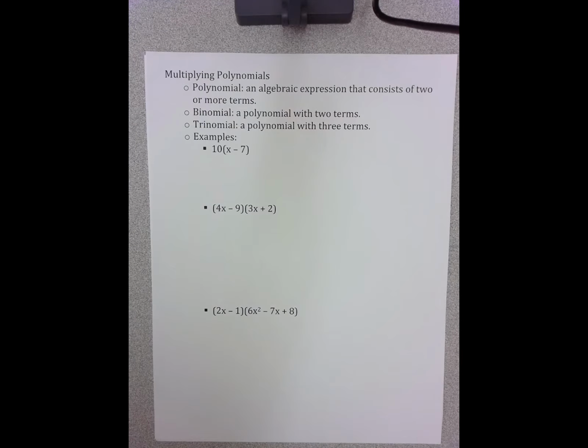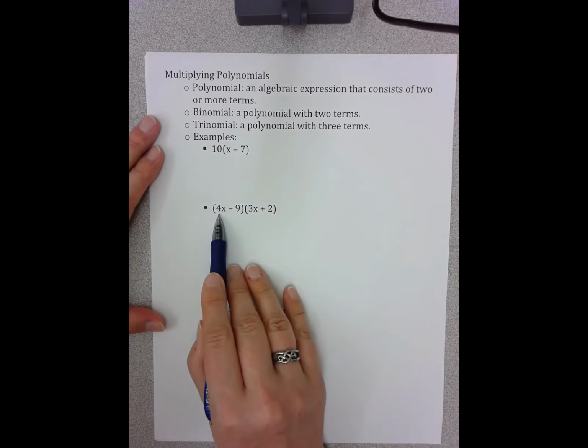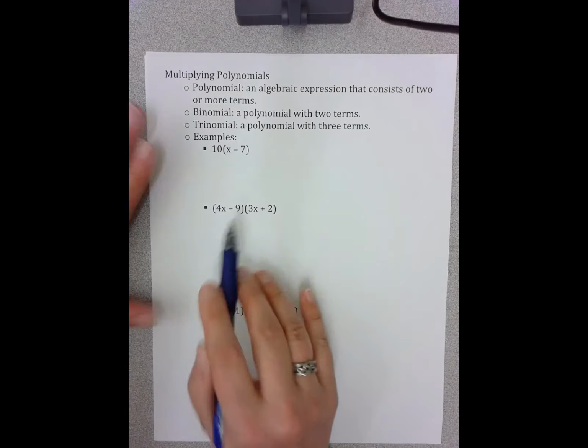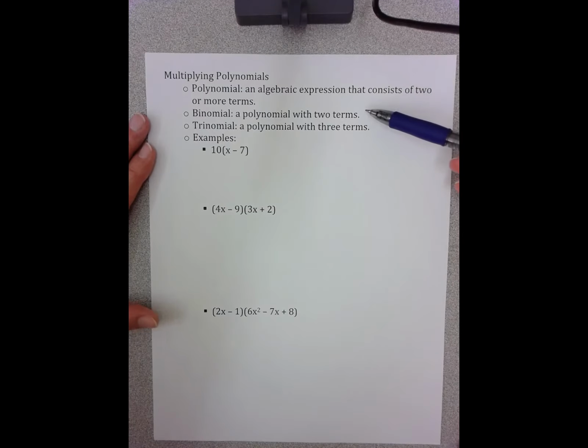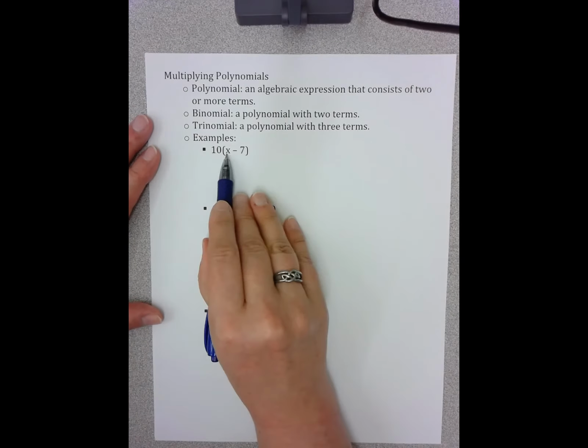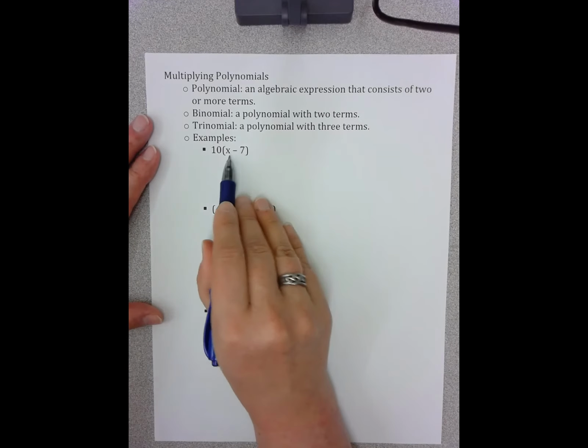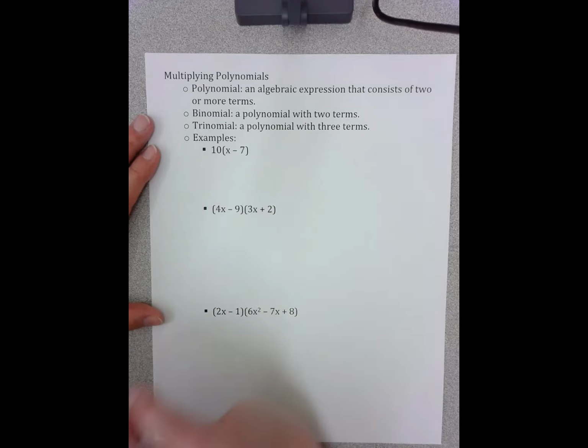Some definitions first. A polynomial is an algebraic expression that consists of two or more terms. So algebraic meaning we've got some numbers or some constants, something along those lines. A binomial is a polynomial with two terms. So this is a binomial here, x minus 7, two of them, an x and a negative 7.